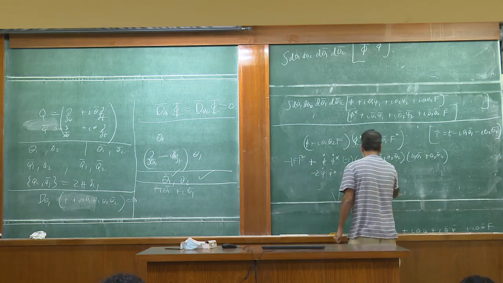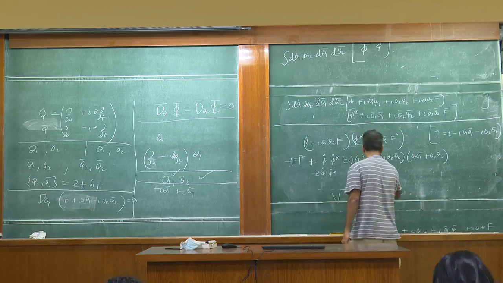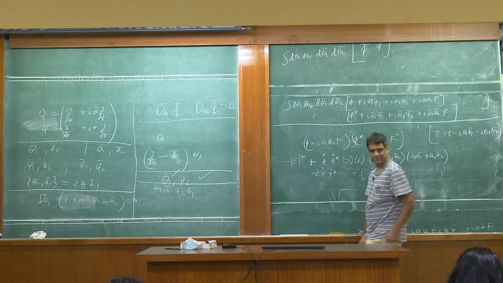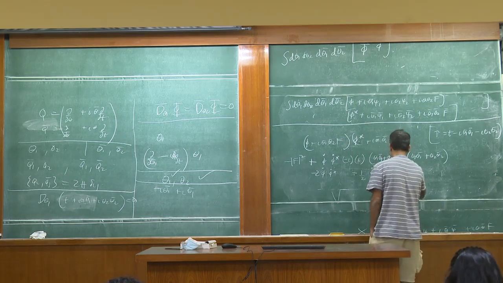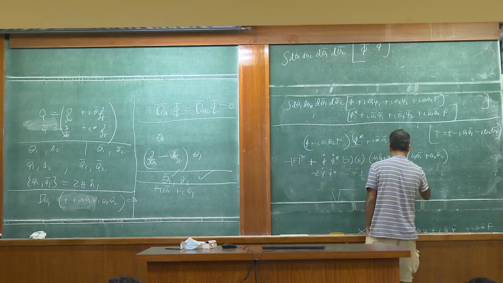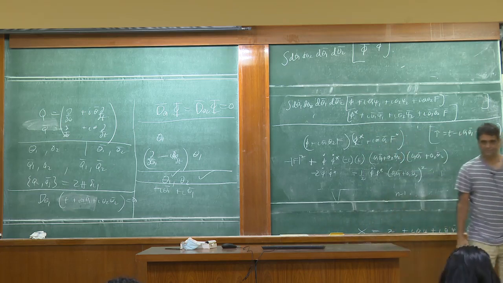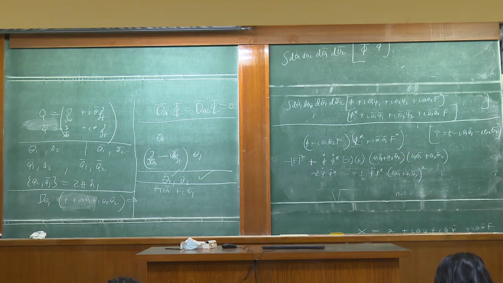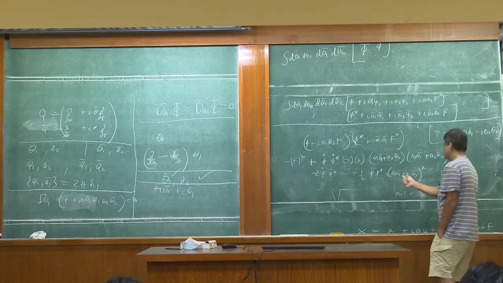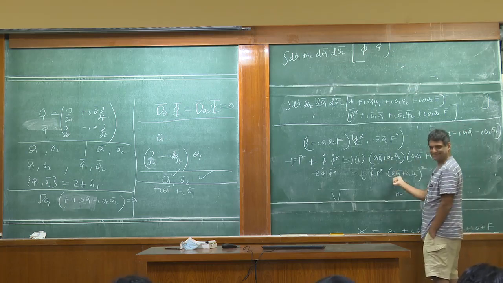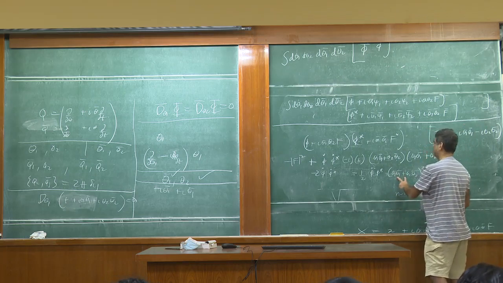There's phi double dot phi star, and then there is (theta 1 bar plus theta 2 bar) squared. Okay, this we've just manipulated. This gave us a factor of minus 2.